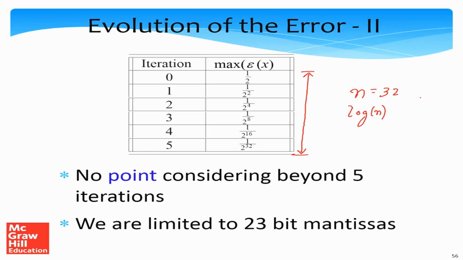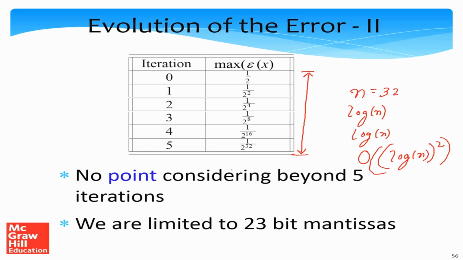So each step also takes log n time. So the total time taken by all the steps is log n times log n, which is order of log n whole square. So this takes exactly the same amount of time as the Goldschmidt algorithm. It's just a different way of doing things. It has a certain graphical connotation.